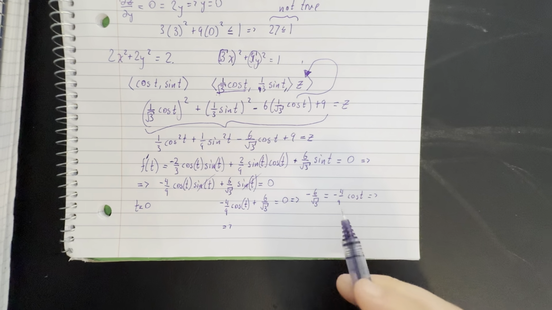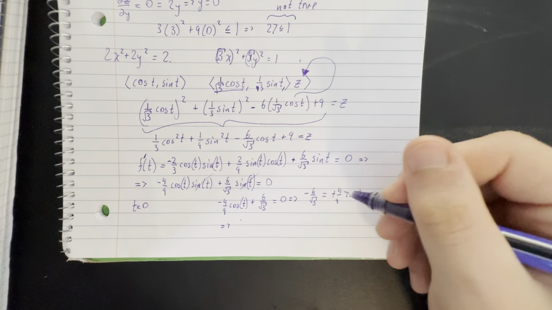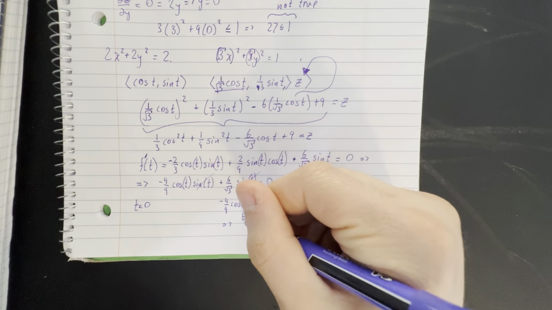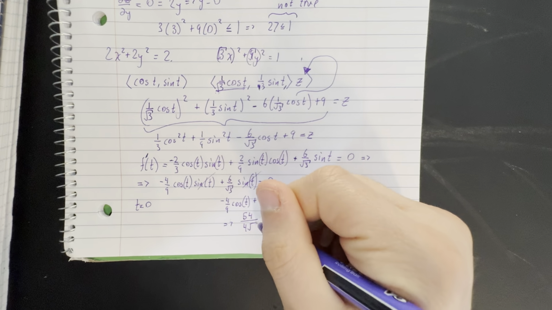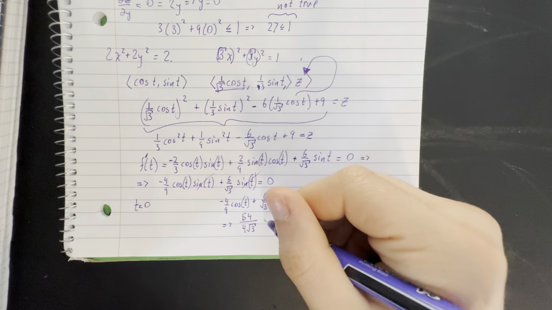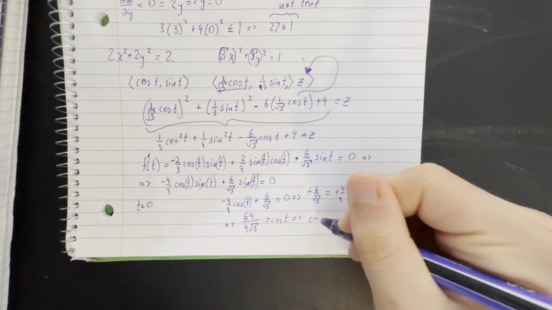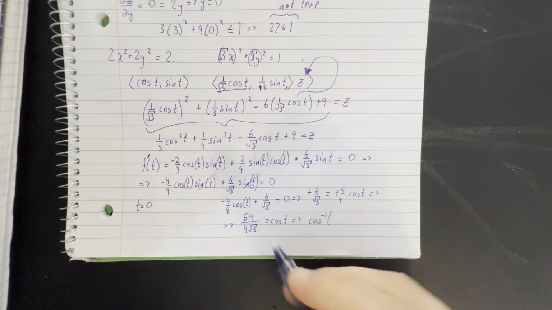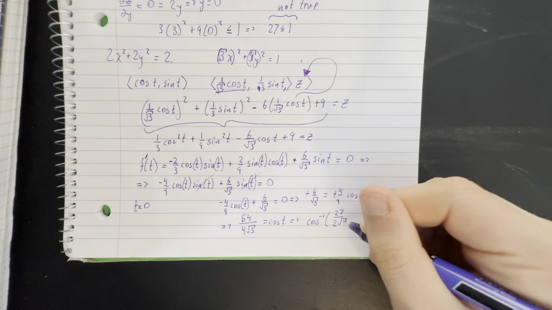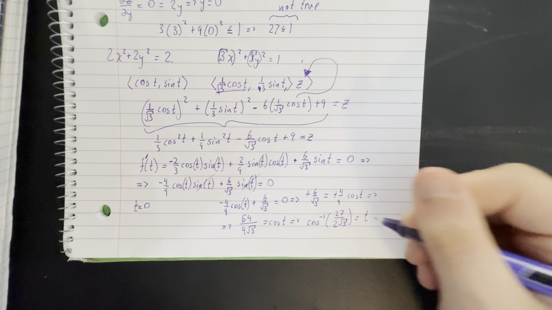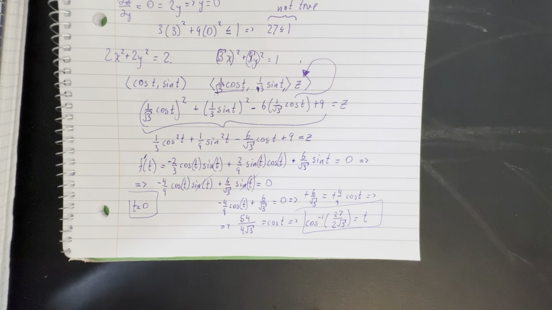You're going to get 9 times negative 6, that's negative 54. Oh, you could cancel out the negatives as well. You're going to get 54 over 4 root 3 equals cosine t. And then take arc cosine. And you could simplify this, you could get 27 over 2 root 3. So these are 2 t values. One's going to give us a max, and one is going to give us a min.